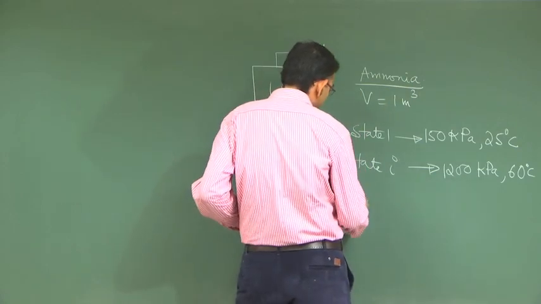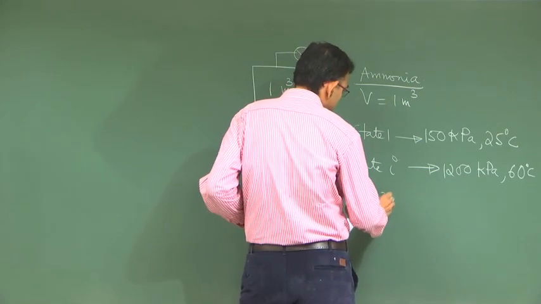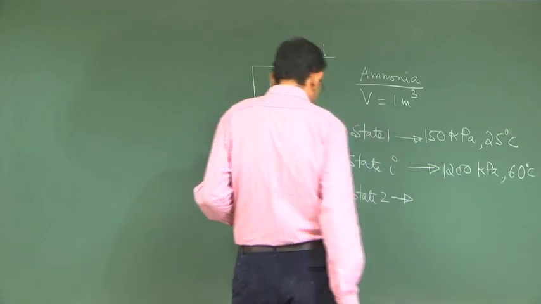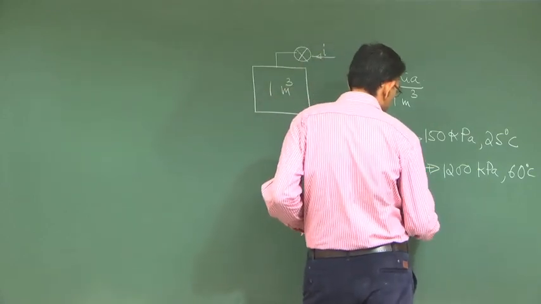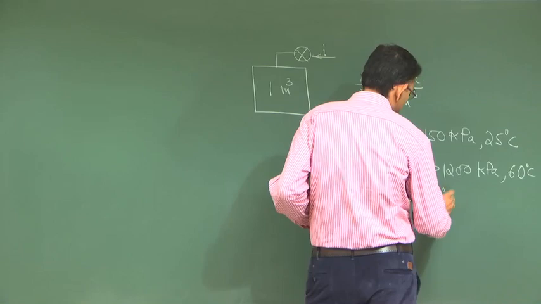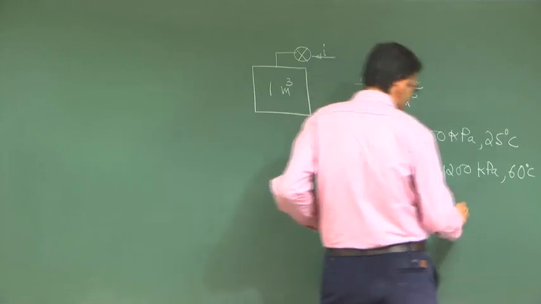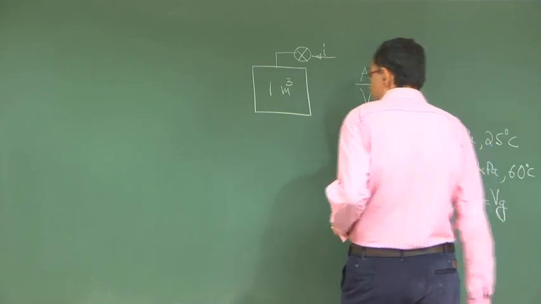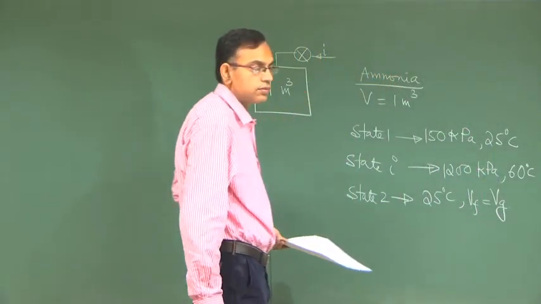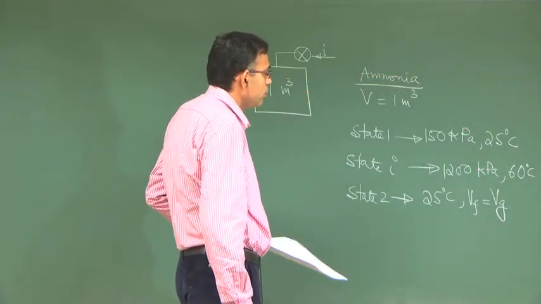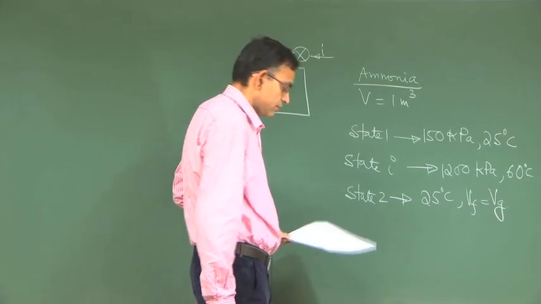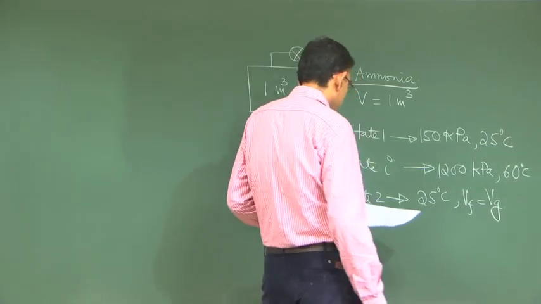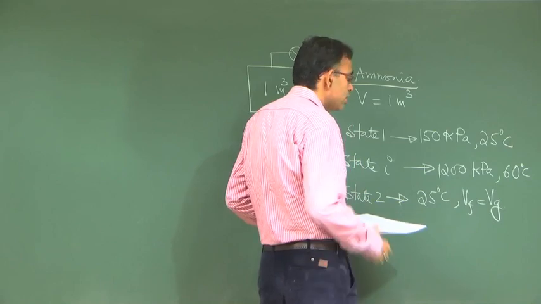State 2: 25 degree centigrade, and Vf is equal to Vg.